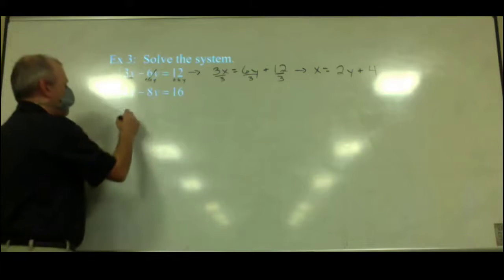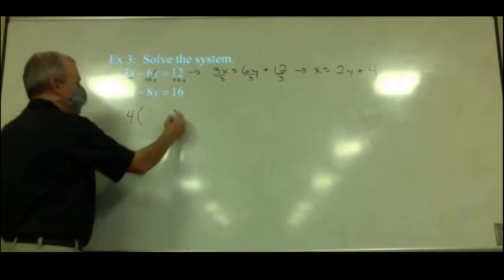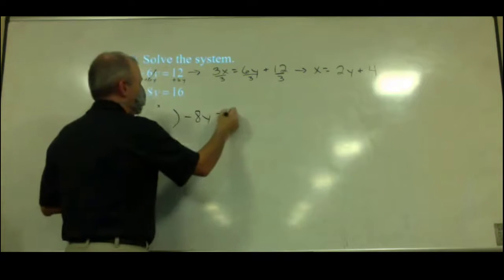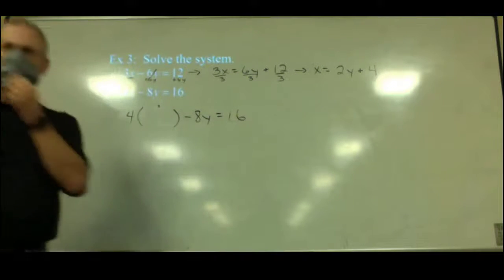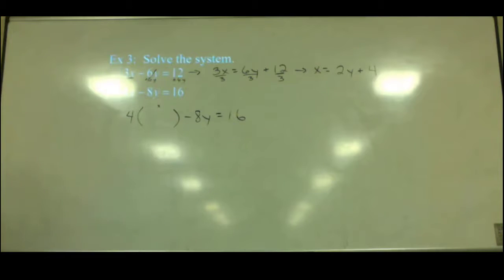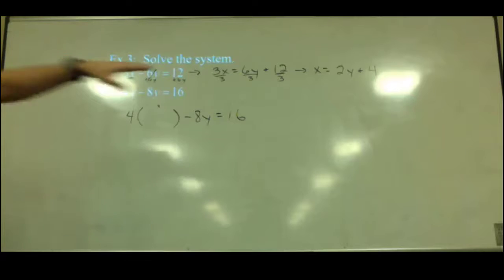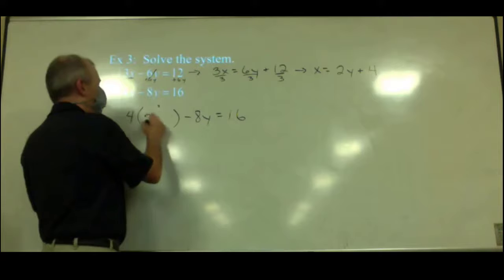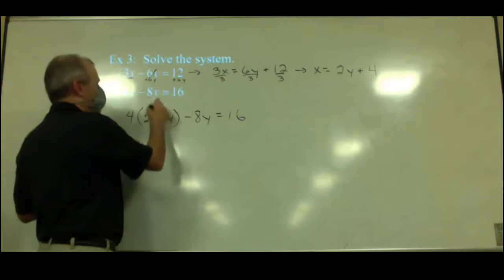We got the x by itself, so we're going to have 4 times x minus 8y equals 16. What are we going to replace the x with? 2y plus 4, from over there, right? Does that make sense? Because we know x equals 2y plus 4. Is everybody okay with that? So 2y plus 4 is replacing the x that used to be there.